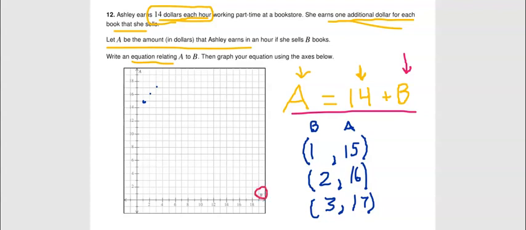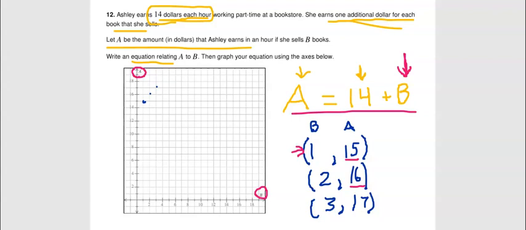You can see that this line is the B and the vertical line is the A. So if we put the number 1 in for B, it's going to be 14 plus 1, which would make A 15. If we put 2 in for B, 14 plus 2 would be equal to 16, and so on. If we put 3 in for B, it'd be 17, and so on.